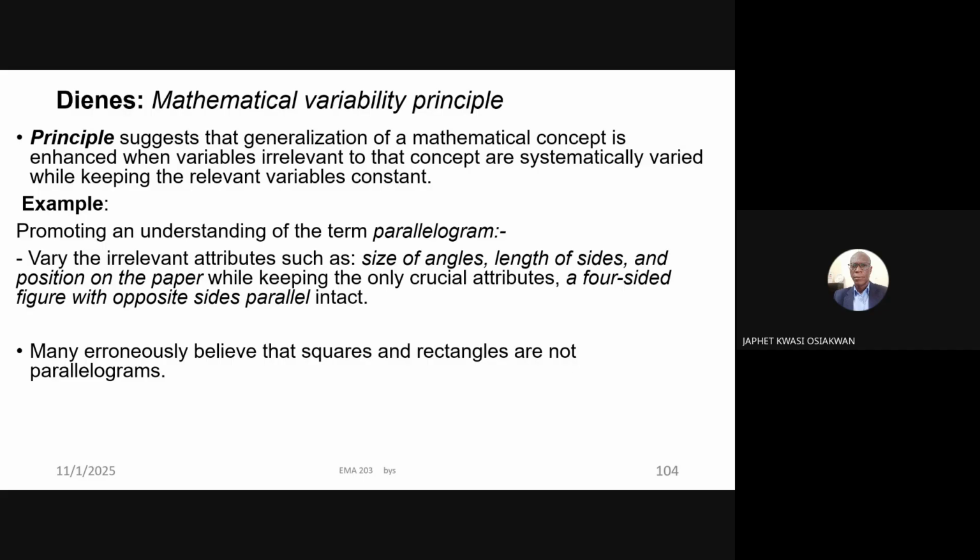It's a quadrilateral. A four-sided figure is a quadrilateral. The parallelogram has to do with two sides being parallel. If you take a rectangle, you will get two sides parallel.